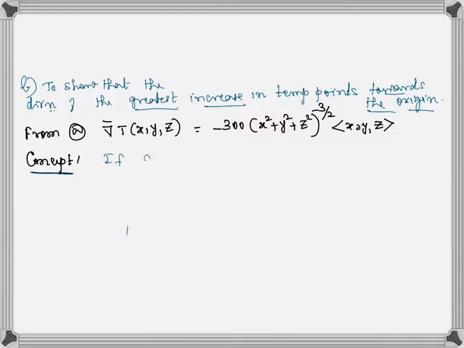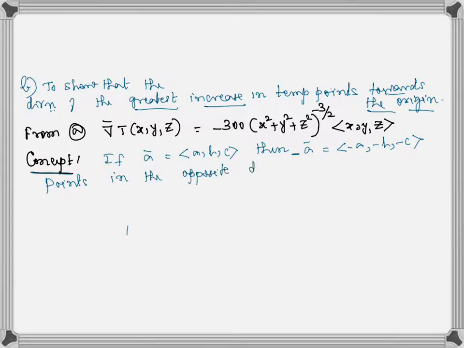If A is a vector with components a, b, c, then opposite of A, the negative A, will have components negative a, negative b, negative c. So this points exactly in the opposite direction of the original vector A.